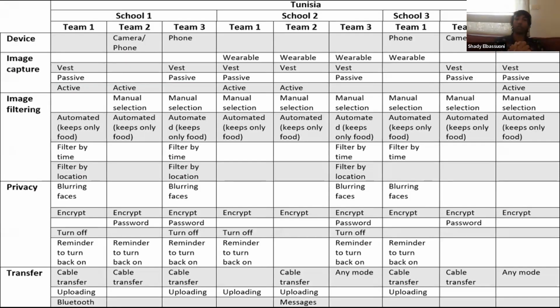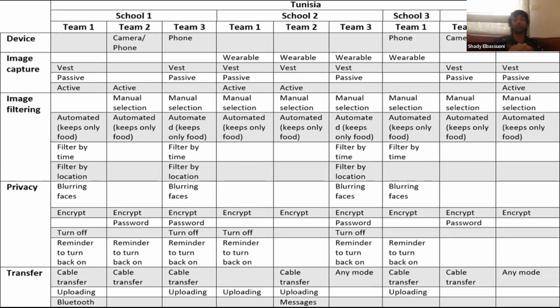And this is a summary of some of our findings from the user-centered design study, which highlights the characteristics that the children and their parents required in such a tool that we're planning to develop. For example, one of the big concerns was privacy, and they suggested, for instance, using face blurring to ensure that the identities of people appearing in those images are protected.